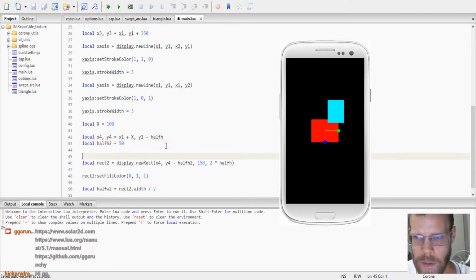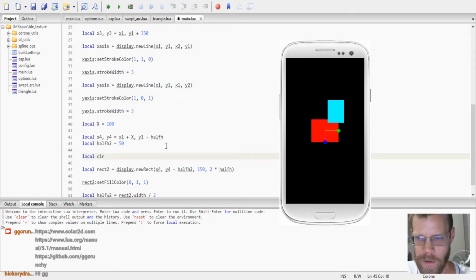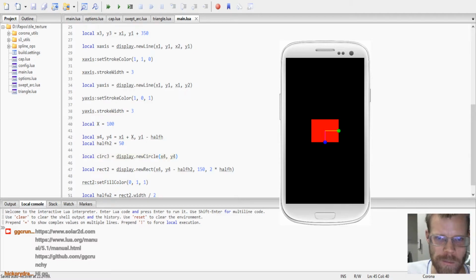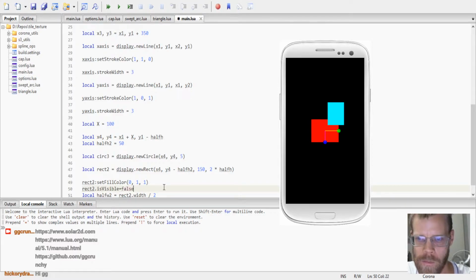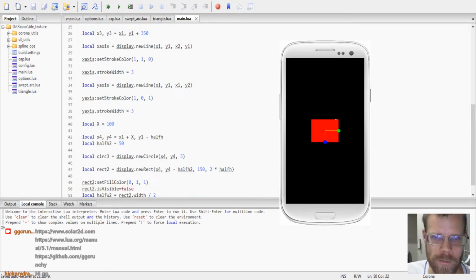Let's try putting a little circle at x4, y4 and give it a radius. This was probably getting hidden. So that, okay, that's where I thought it would be.